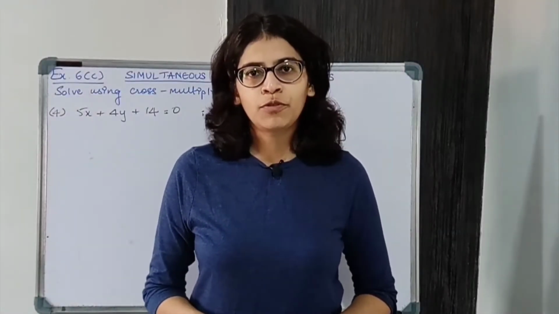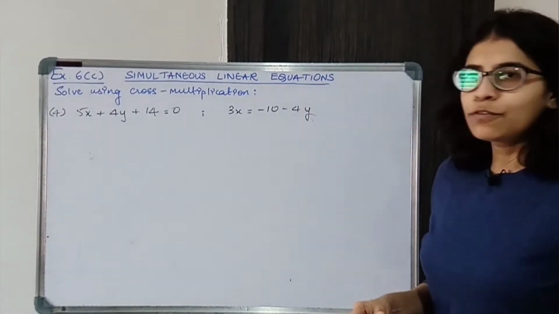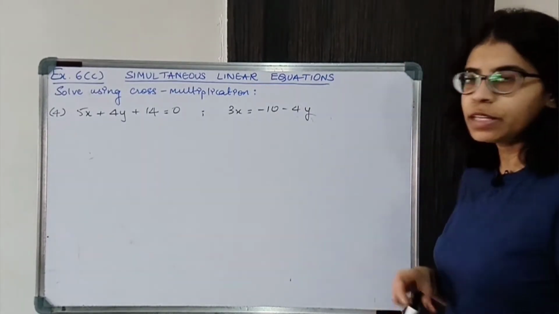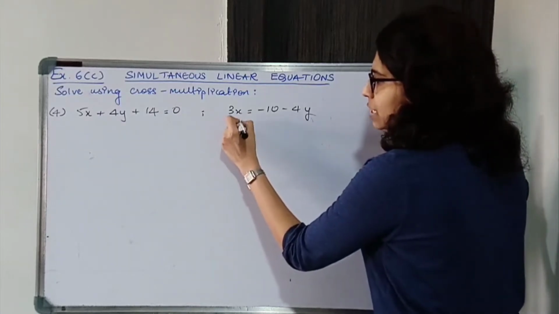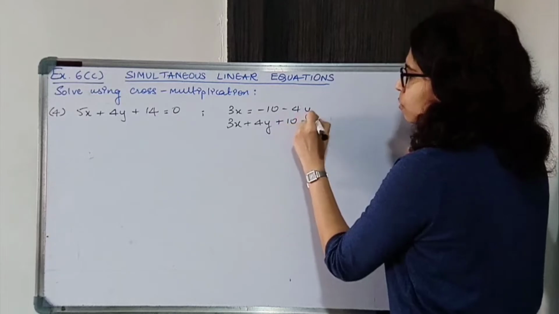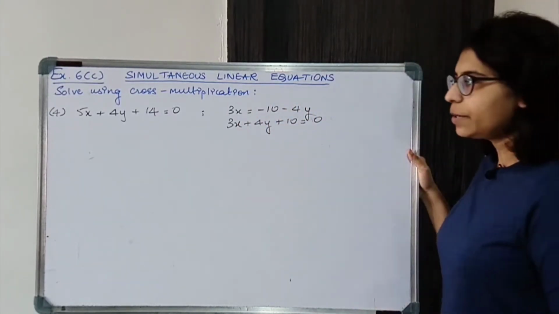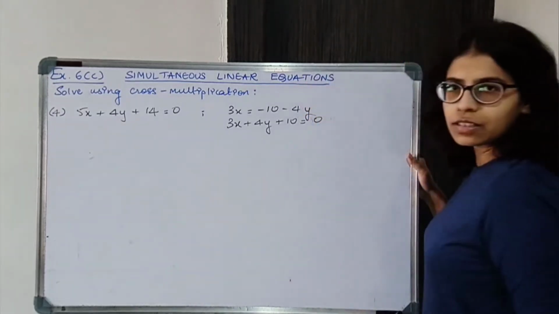Moving on to question number 4. Over here, first equation is in the required form, second one we have to bring it in the form. So x term, then y term and then constant term equal to 0. So we have shifted these terms to the LHS. Okay, now both the equations are in the required form.